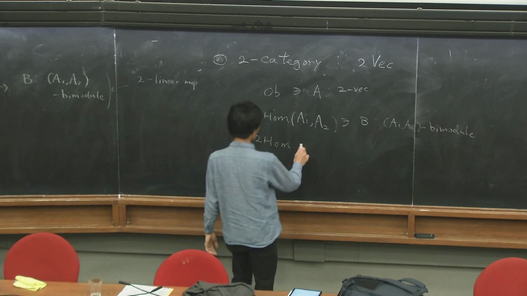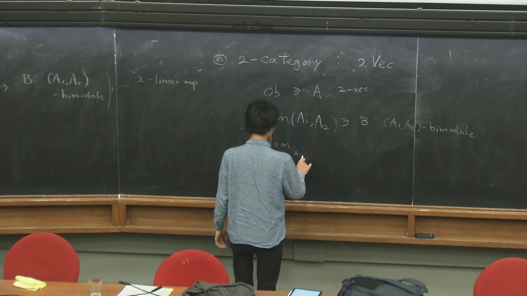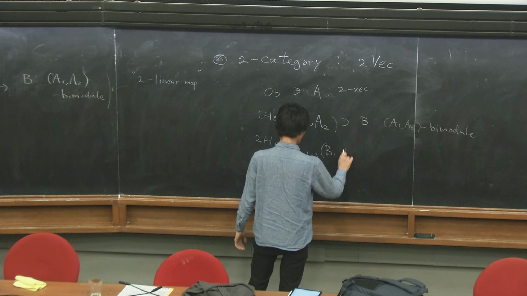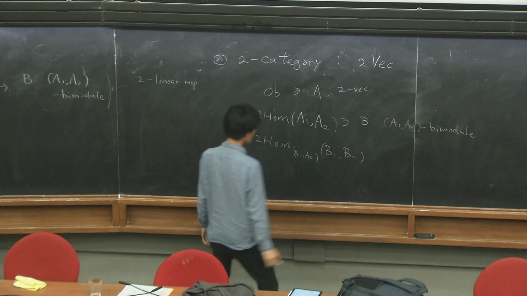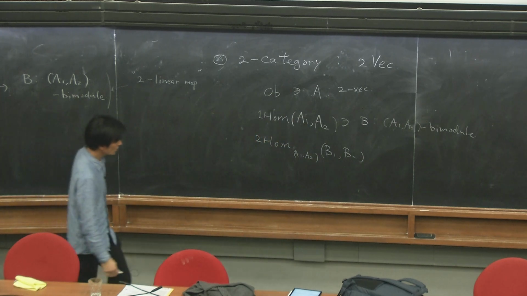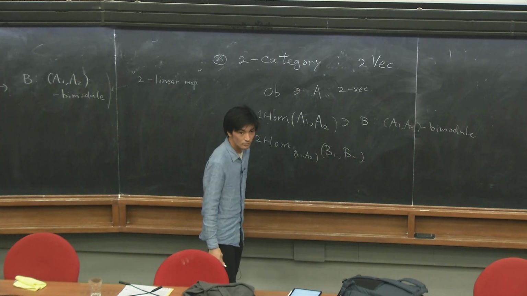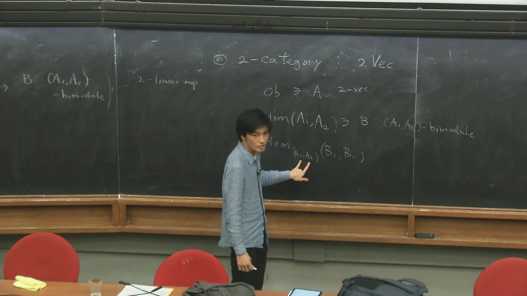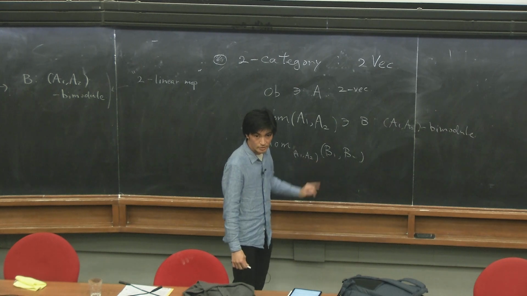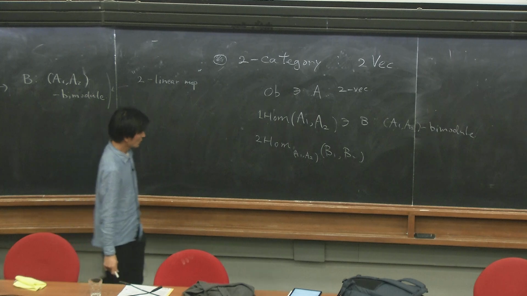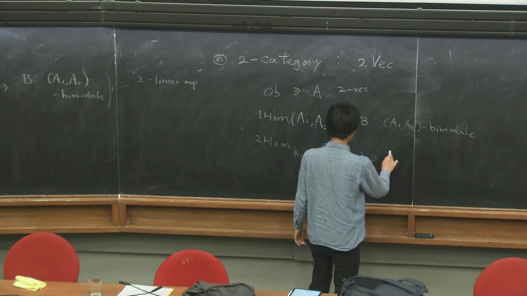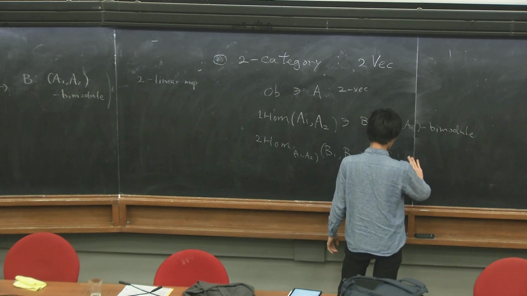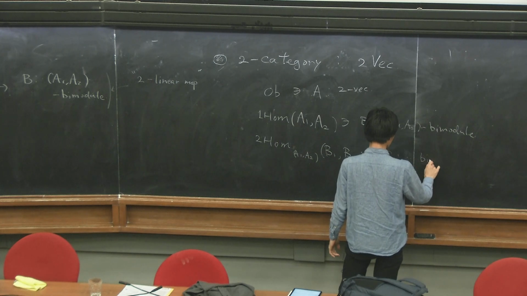If you have two 1-morphisms, B1 and B2, sharing the same source and target, then this contains a bimodule map.